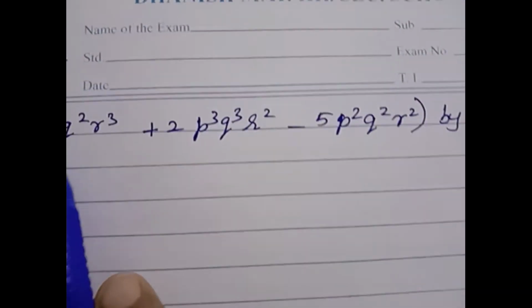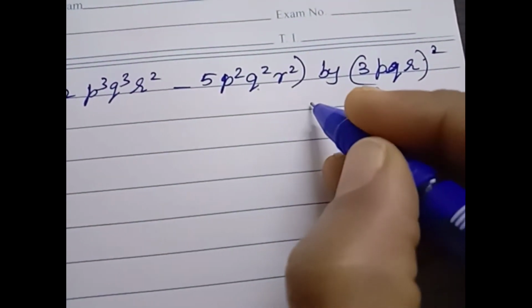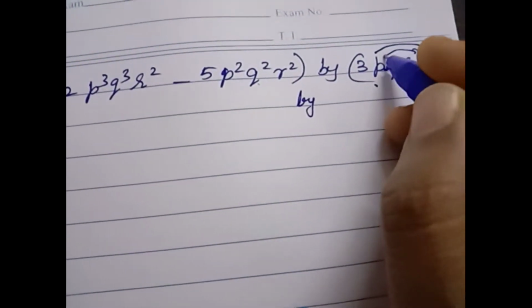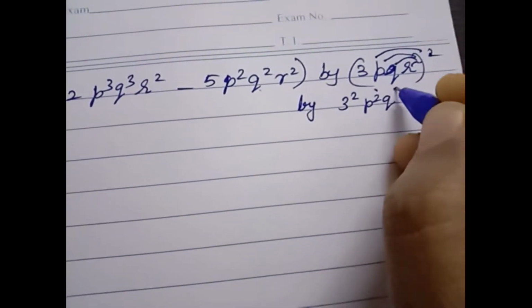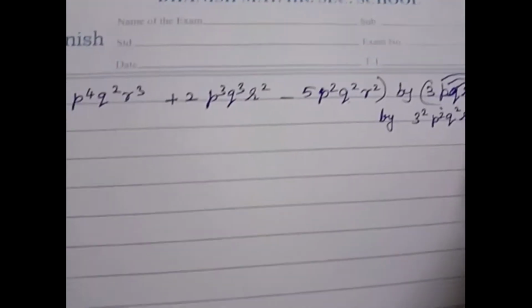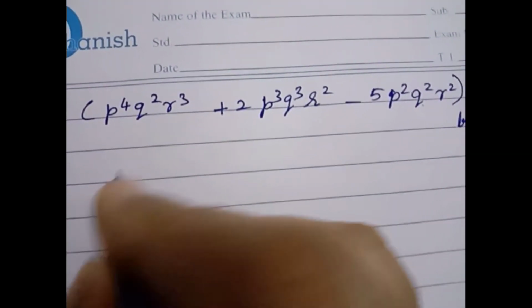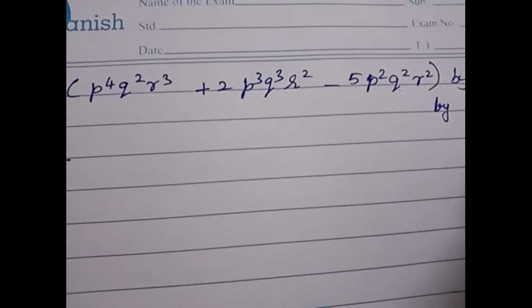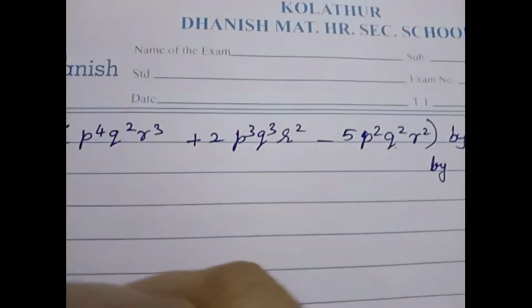Next one, polynomial by monomial. But if you see here, they gave the whole power 2. So you have to multiply the power with the exponent: 3 square, p square, q square, r square. Then divide each term by the monomial. 81 by 3 square, which means you have to multiply the 3 twice. 3 into 3 is 9.